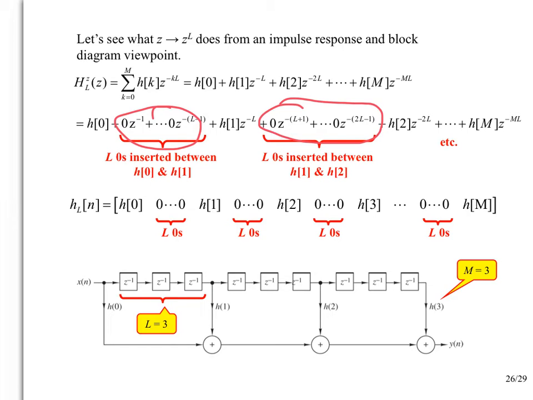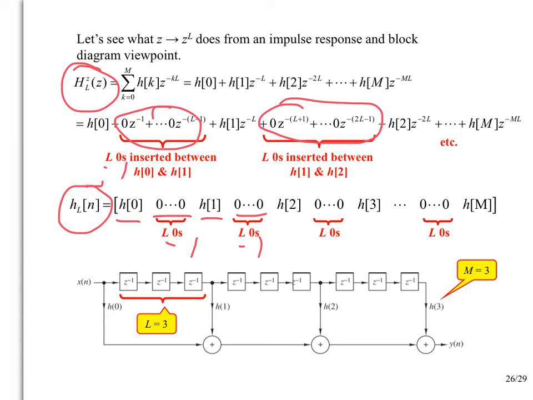And that is the new impulse response. The impulse response of the filter H sub L is just one that has one original sample, then L minus 1 zeros inserted, then the next sample, then L minus 1 zeros. I was starting to doubt myself whether it is L or L minus 1, but it is L minus 1 zeros in both cases.